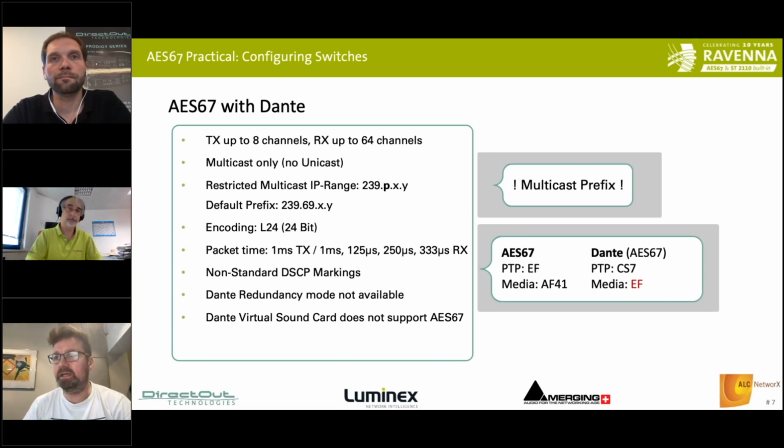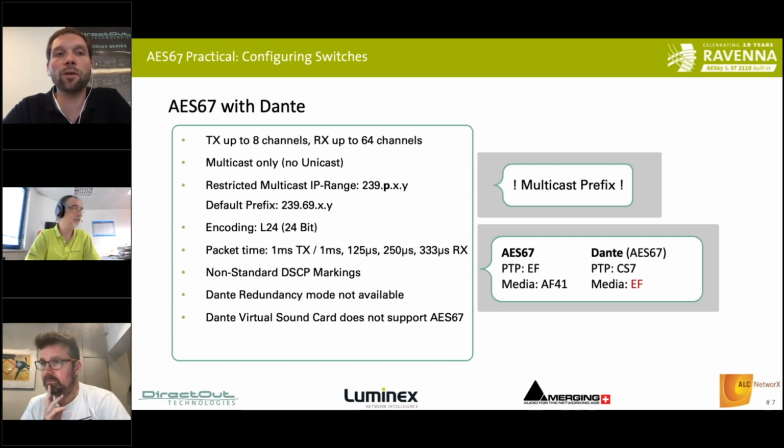Okay, next question. In a multi-switch setup, would you switch each switch to boundary clock? Claudio. Yes, they will all run in boundary clock mode. It's not mandatory. You can also mix switches with boundary or transparent clock. But if they support it, it can make sense to switch more of them into boundary clock mode.